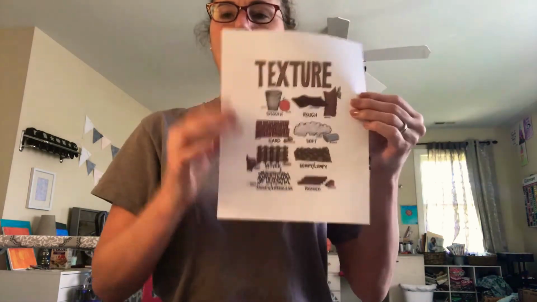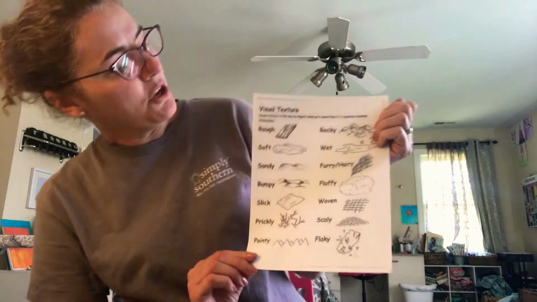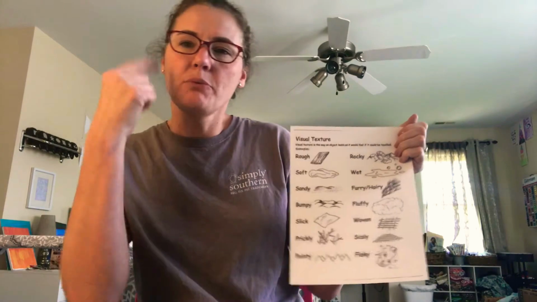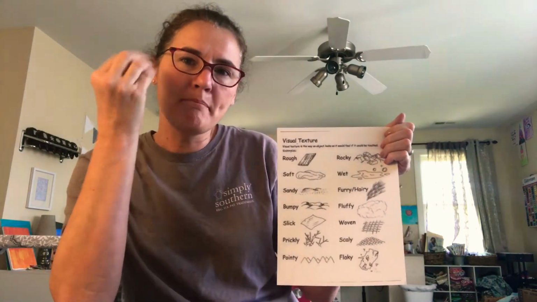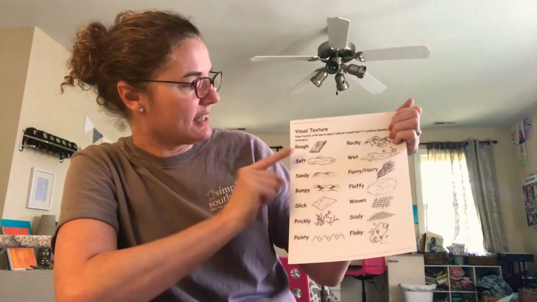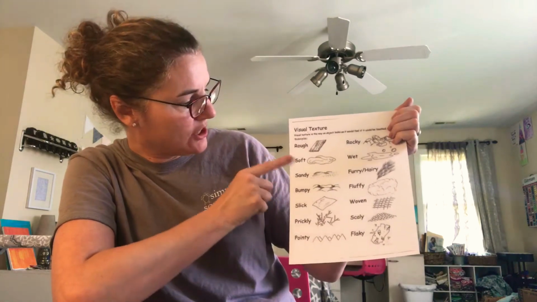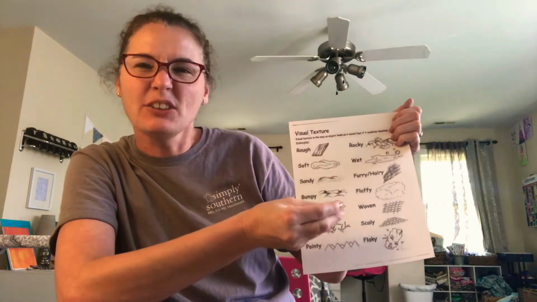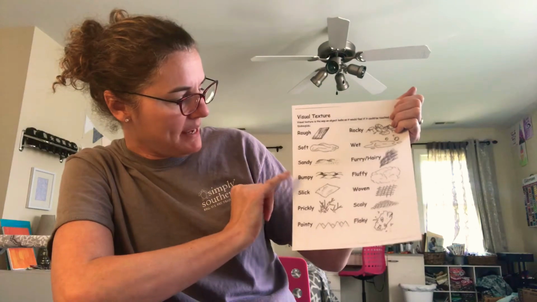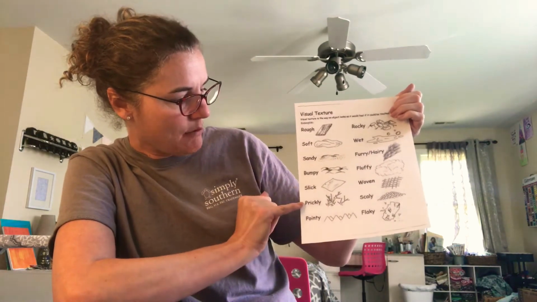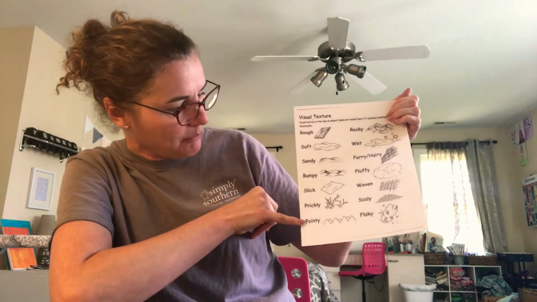So this is texture, an element of art. Here's another example of visual texture. When you hear these words, you can make an image in your head, and these are the images. Rough, that's wood. Soft, sandy, you know how sand feels. Bumpy, slick, prickly, pointy.